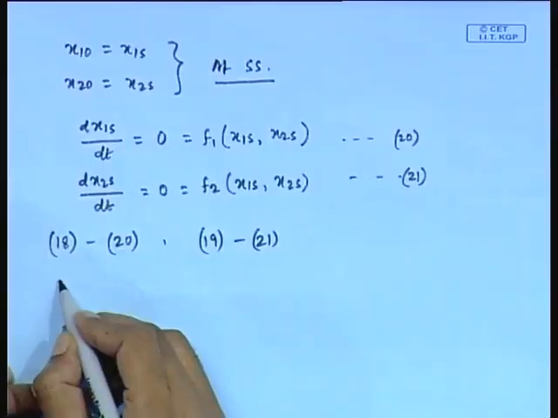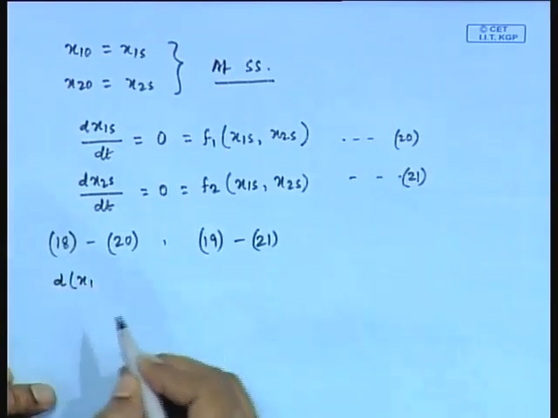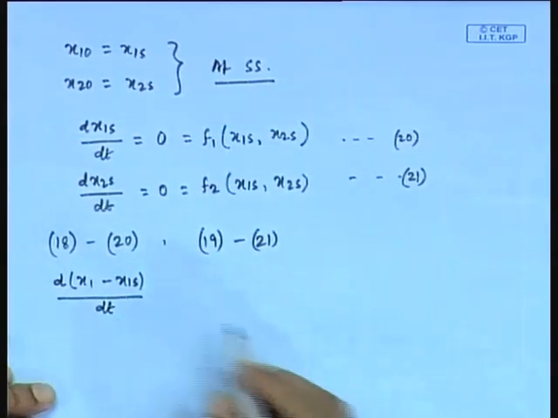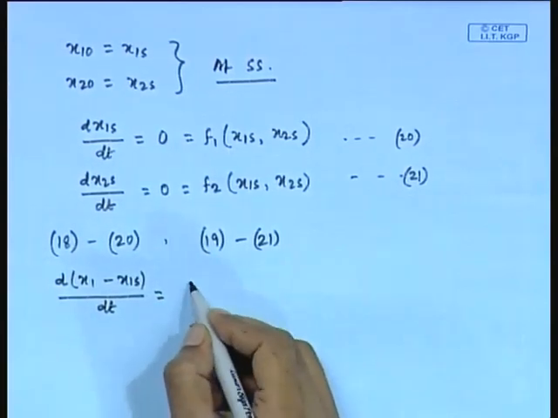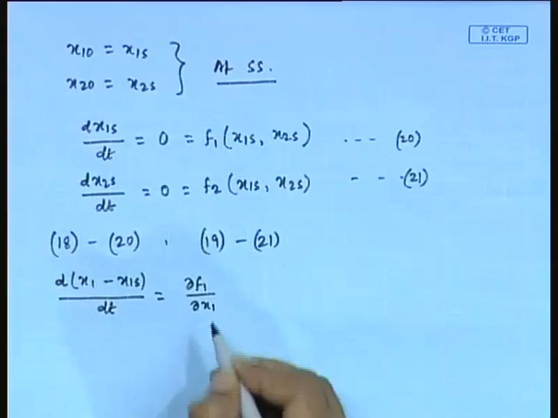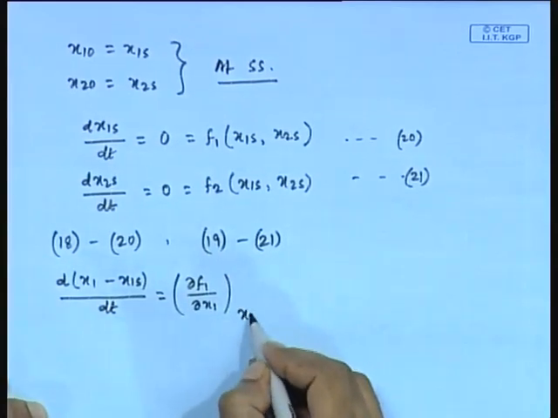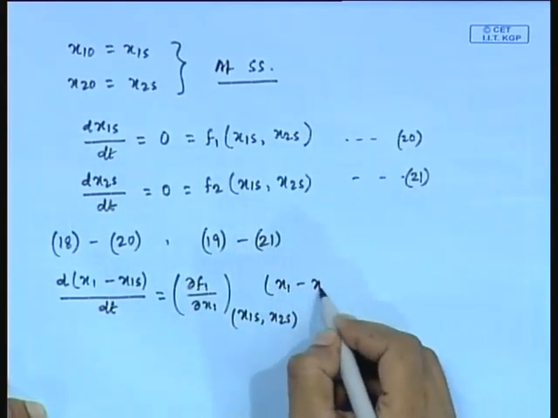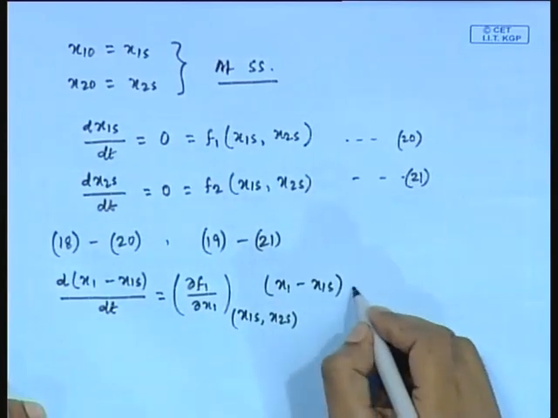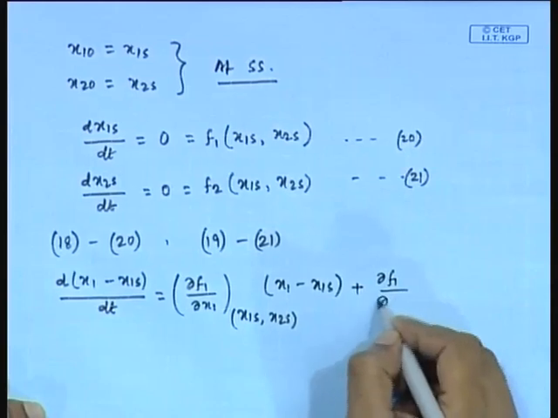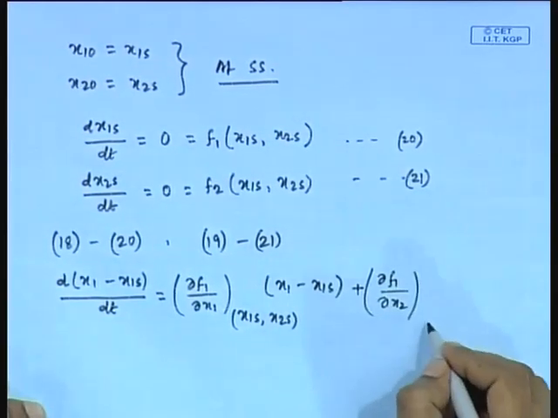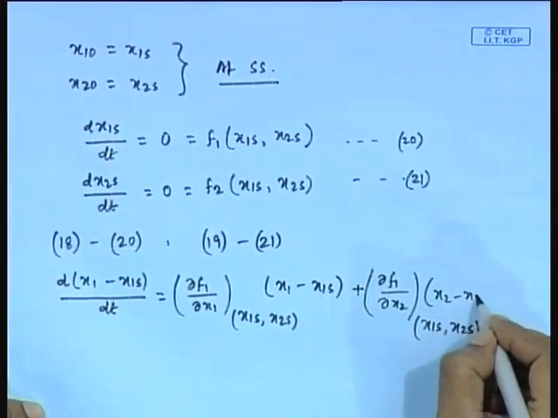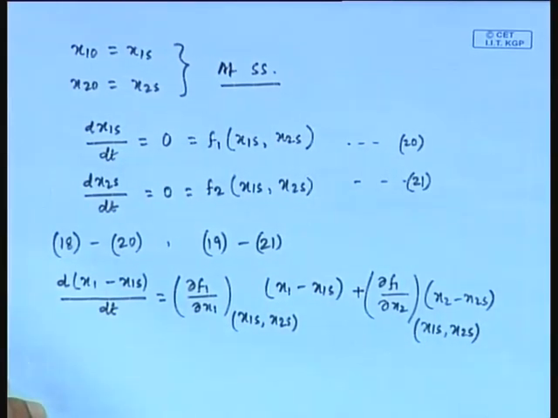So, what equation will we get for the first state equation? d(x1 minus x1s)/dt equals the partial derivative of f1 with respect to x1 at x1s, x2s, multiplied by (x1 minus x1s), plus the partial derivative of f1 with respect to x2 at x1s, x2s, multiplied by (x2 minus x2s). Fine.